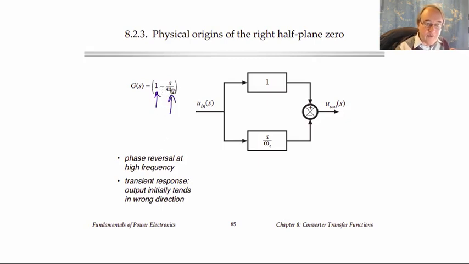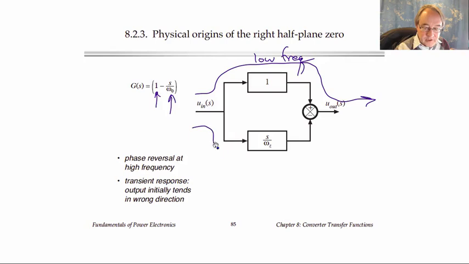So at high frequency, we have a phase reversal from the minus sign. In block diagram form, one way to view this transfer function is that we have a low frequency path this way that has a gain of +1, whereas at high frequency this path dominates, and it has the s over omega z term, and it has the minus sign right there.